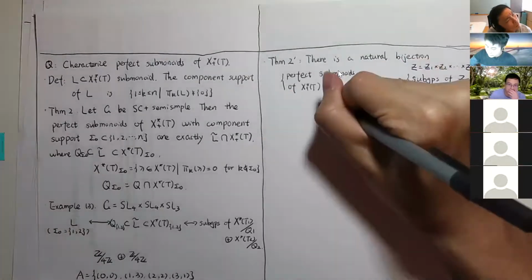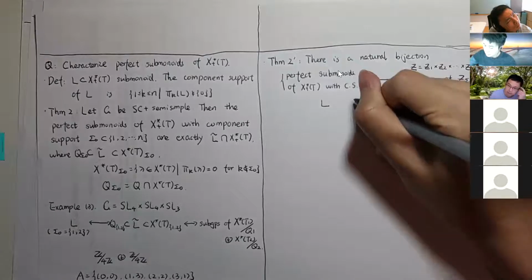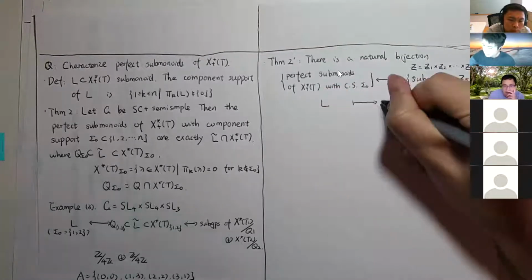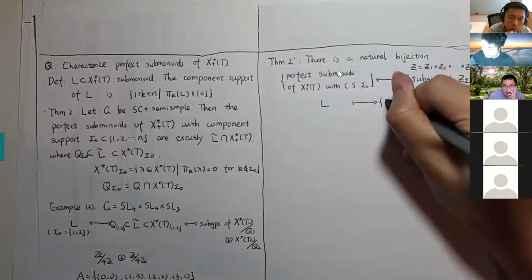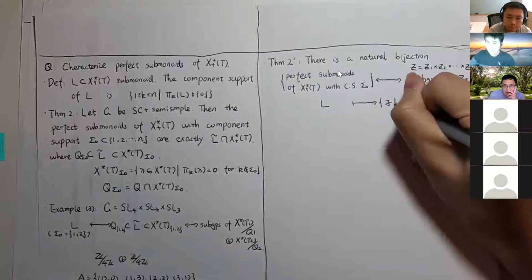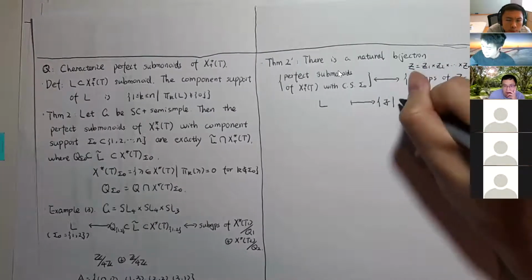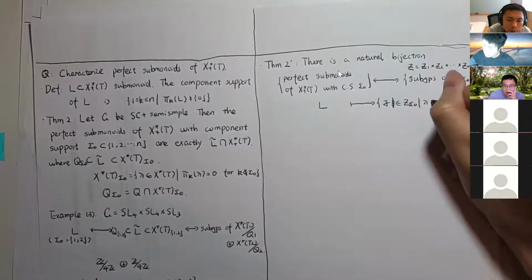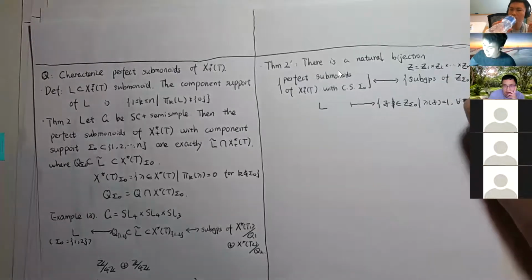Then this bijection is given by this map. If we have a perfect submonoid L here, then we have a subgroup of this sigma 0: those elements Z in the sigma 0 such that lambda of Z is 1 for any lambda in L.